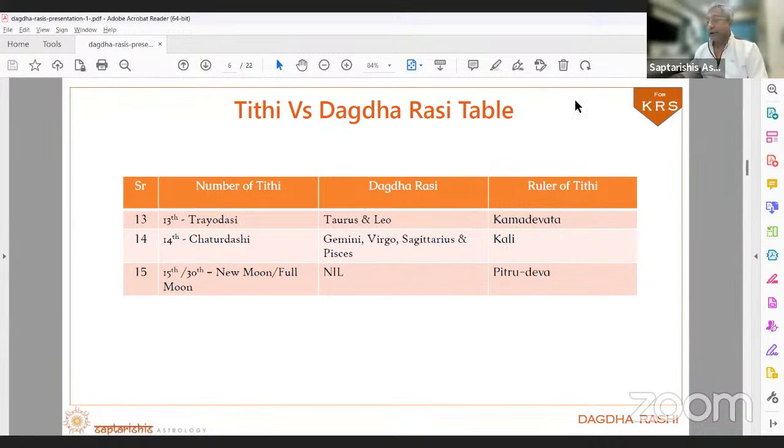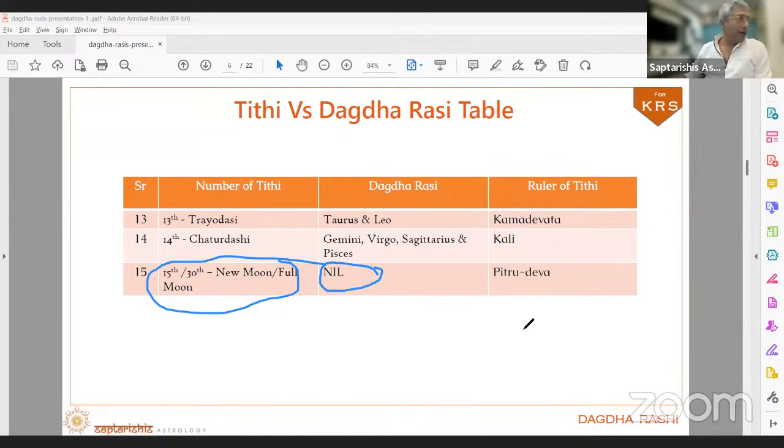As you can see at the last, full moon and new moon do not have this; they have no Dagdha Rashi. Some scholars have said full moon is Chandra and the other is Surya, so they pour Ganga Jal and so on.